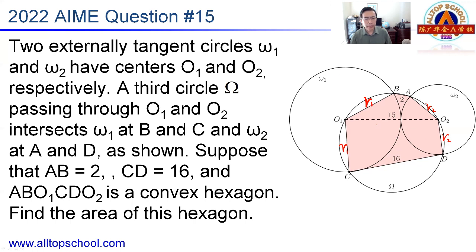From here, we can convert this hexagon into a symmetric hexagon. Then we can easily cut it into smaller triangles and better quadrilaterals, such as a trapezoid or parallelogram. That's the main idea.